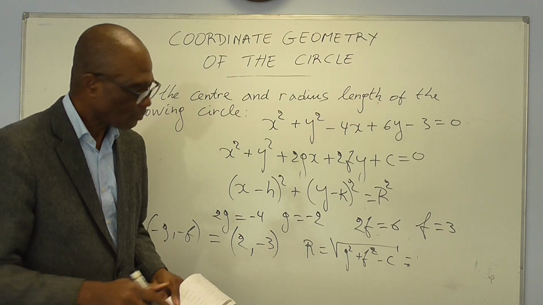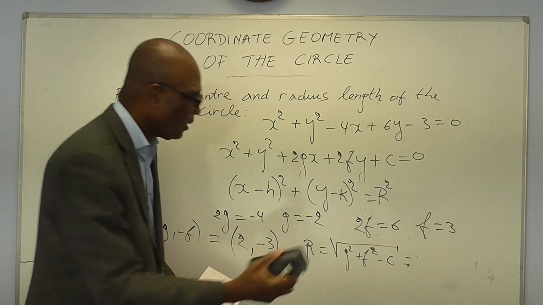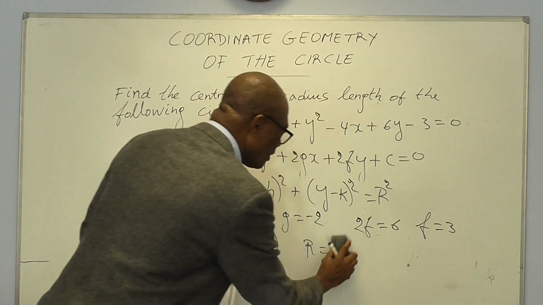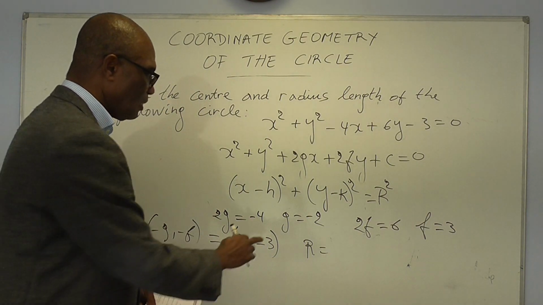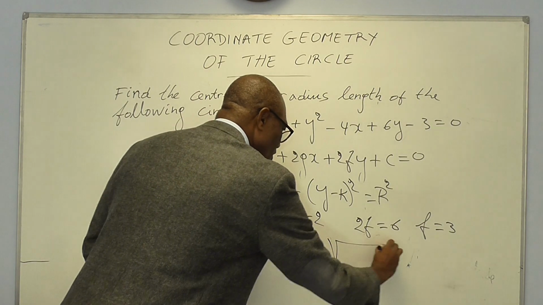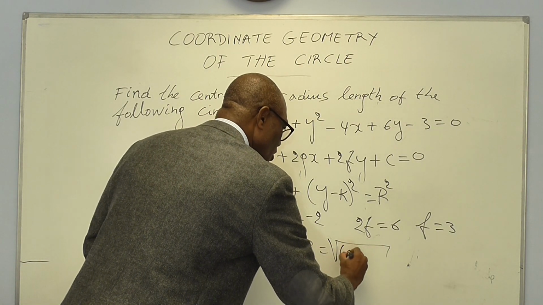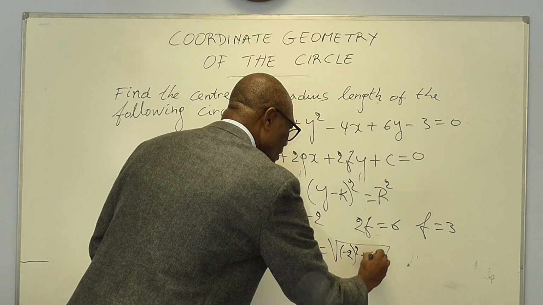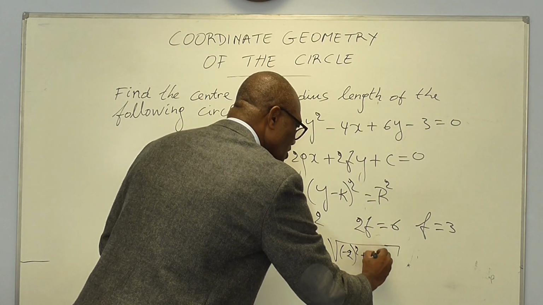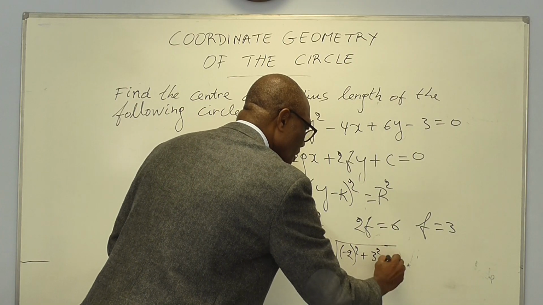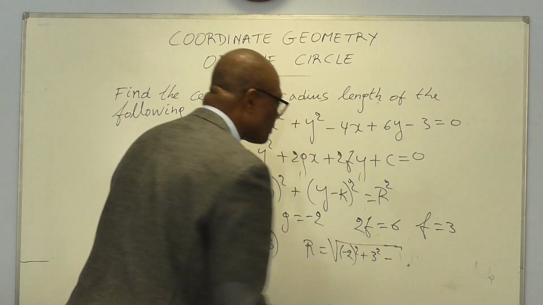Now, the radius is g squared, so minus 2 squared, plus f is 3 squared, and then minus c.